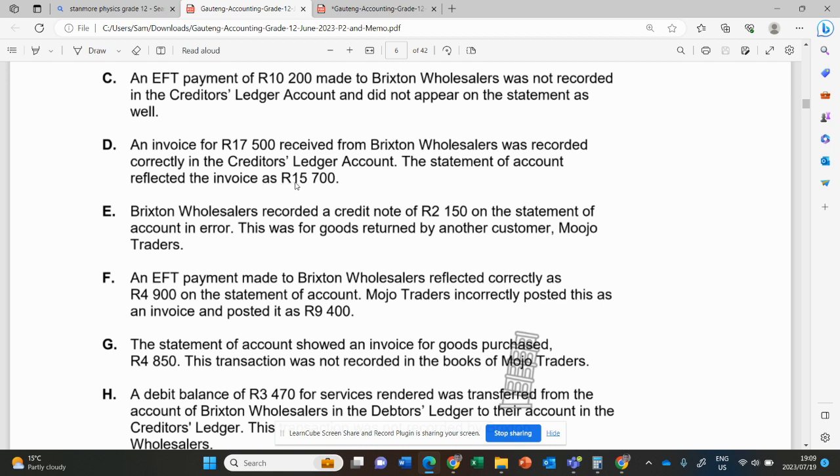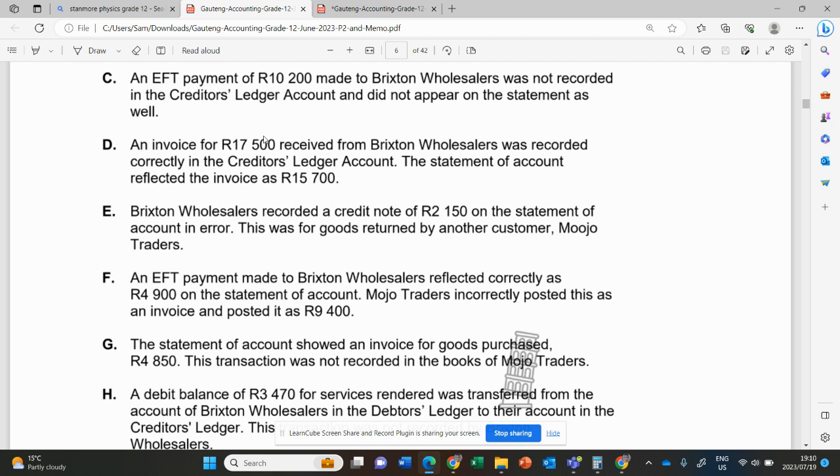What they're saying is the 17,000 invoice was recorded correctly in the creditors ledger, in our books. The correct amount is 17,500. You see, then in the statement of account, they recorded 15,100. Then now, which one is correct? Is this one? And what happened? What does an invoice do? It means we went and bought more stock. We bought stock on credit. So what is the effect?